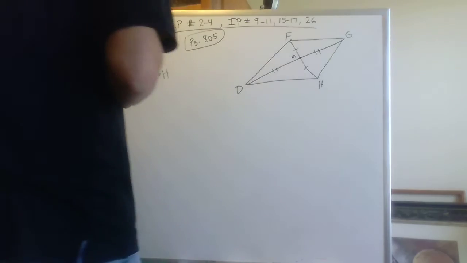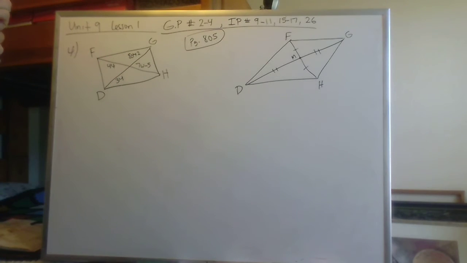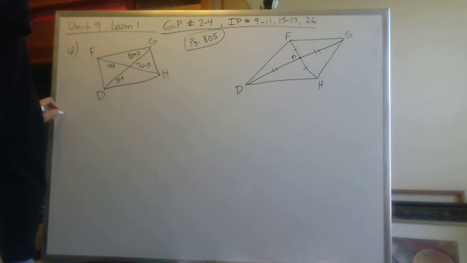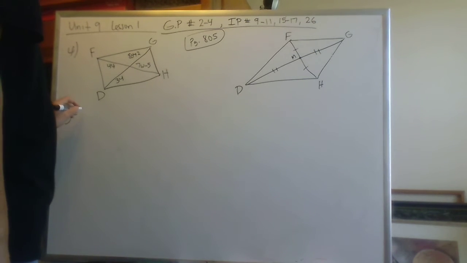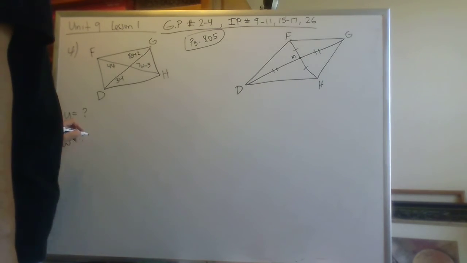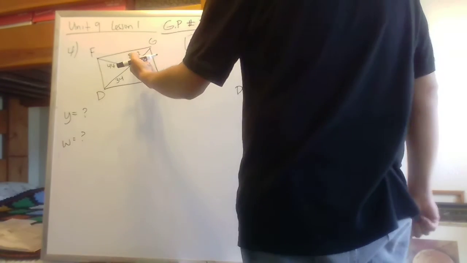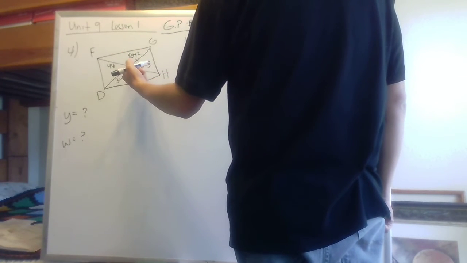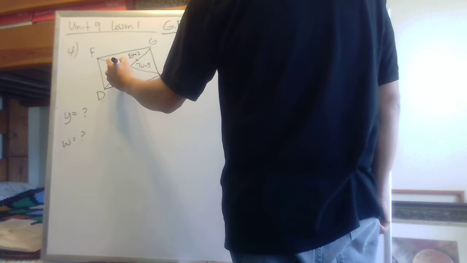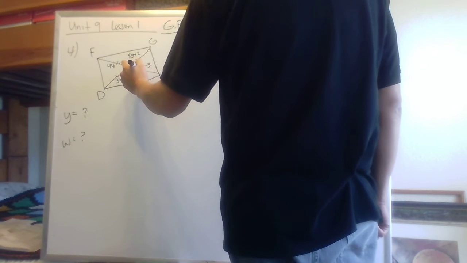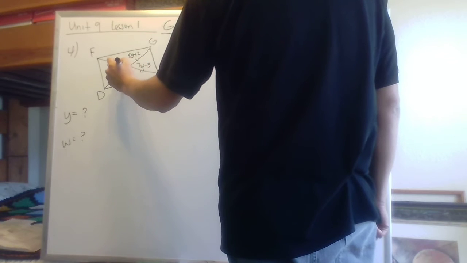So that makes sense because we're trying to solve for two variables right here. We have a variable for y that we don't know, and also for w. But we do know that G to the point, I'll just label it M again, is congruent to that side, and F to M and H to M are congruent.